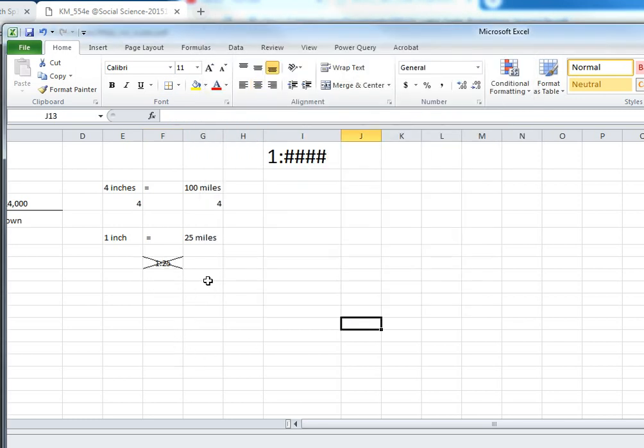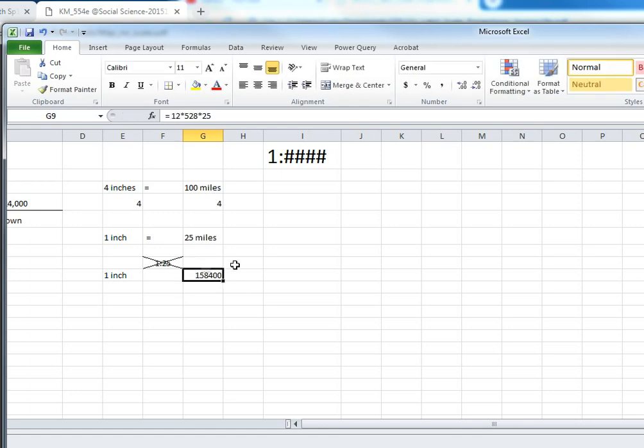All right, so I've got to go here 1 inch, and now I have to convert this 25 miles into inches. So I know that there are 12 inches in 1 foot, and I know that there are 5,280 feet in a mile, and I know that I have 25 miles.